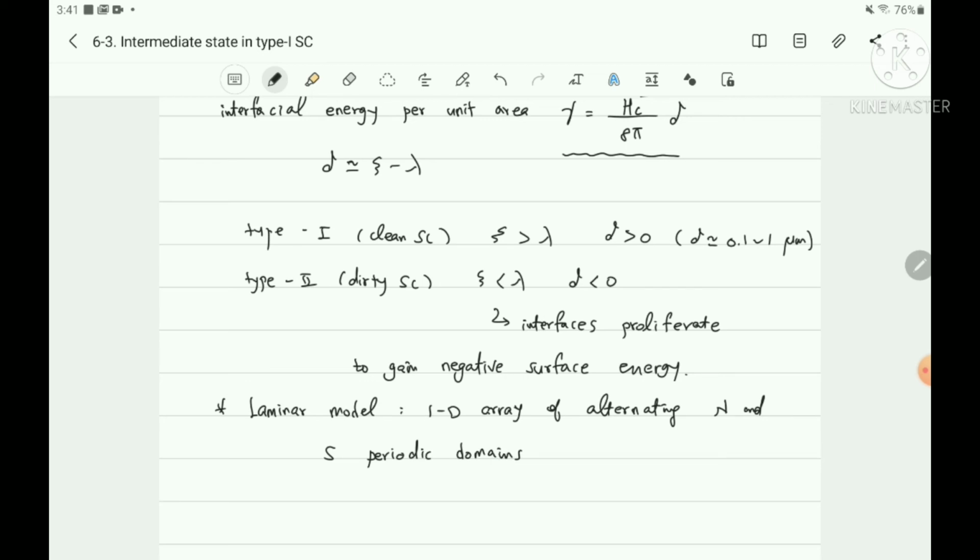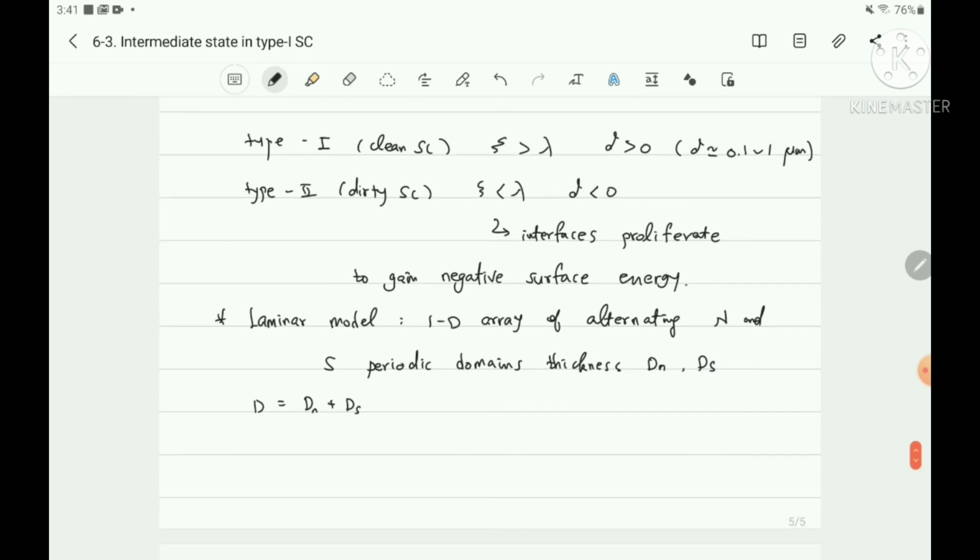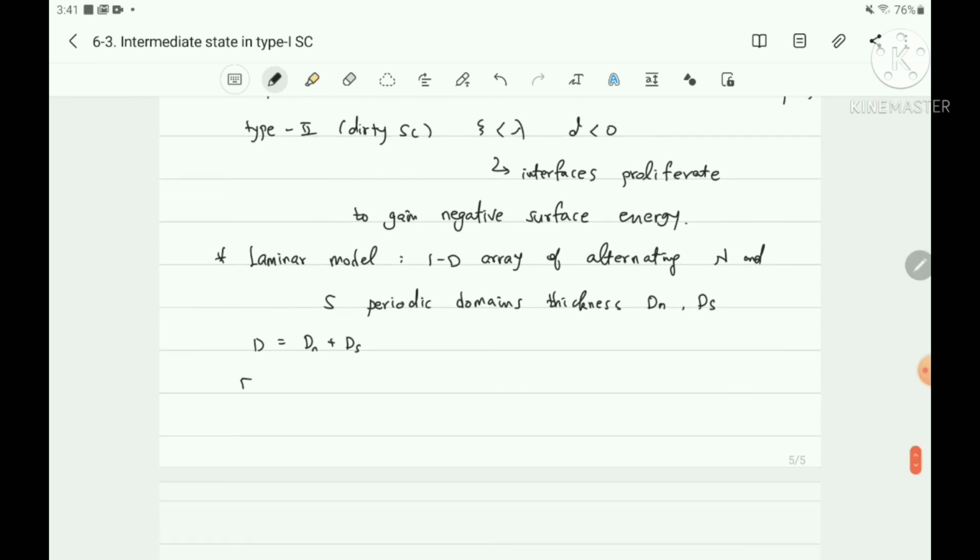And the normal domain thickness is dn and the superconducting domain thickness is ds. And the total domain is dn plus ds. It is a sample thickness. Here F1 is the interface between the superconducting and normal state, and therefore it is the interface energy.